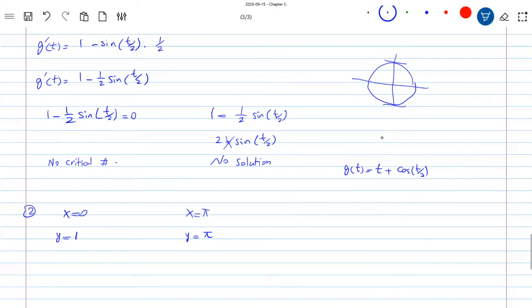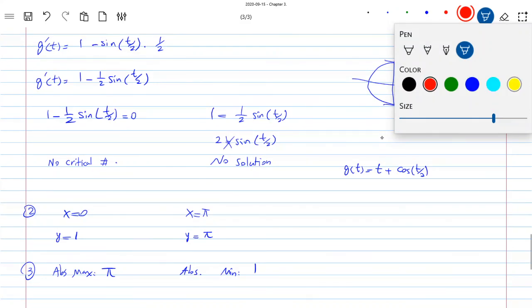Cosine of pi over 2 is simple. So now if I ask you, step 3, where is the absolute max and what is the absolute minimum? You should say the absolute maximum happens to be the y value pi because it's around 3, larger than 1, and the absolute minimum happens to be 1. This would be the answer.